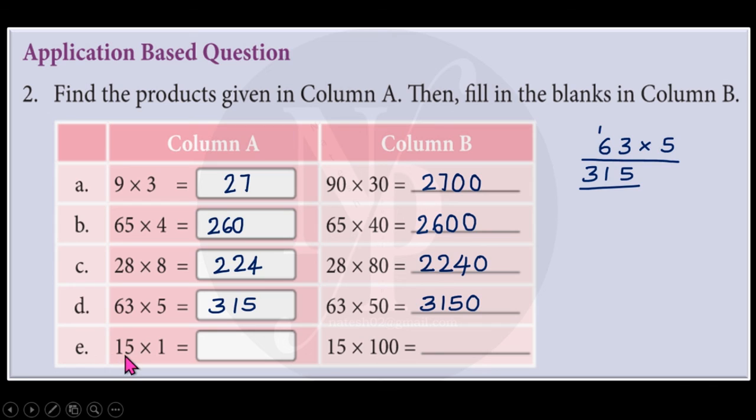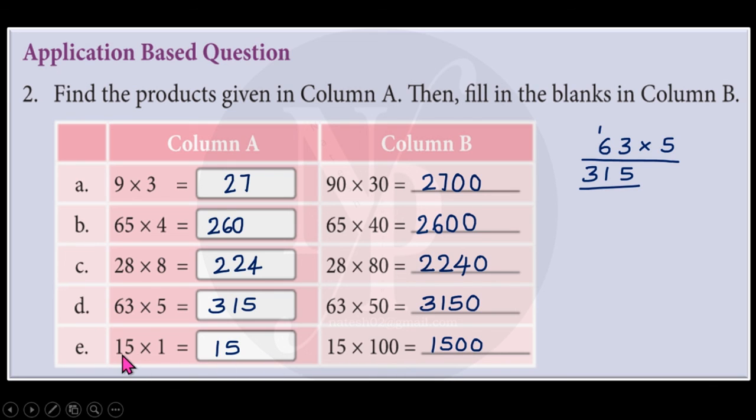E, 15 into 1. What is 15 into 1? Yes, it is 15. 15 ones are 15. So here we will fill this blank by writing 15 and 2 zeros. Why do we write 2 zeros here? Because we have 2 zeros in this number, that is 100.